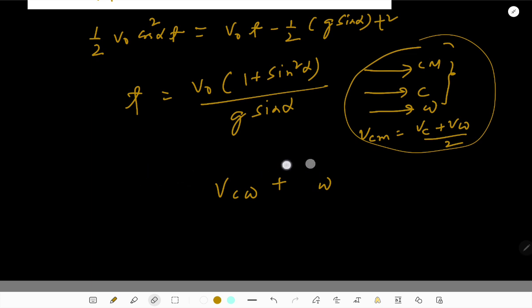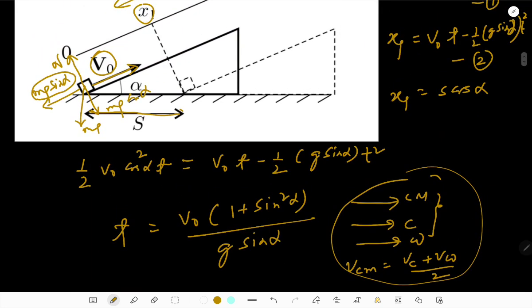I can get the x component of the velocity of the wedge at the moment, because I know the displacement, the time, the acceleration and the initial velocity. So I can write v equals u plus at. So the x component of the velocity at the moment of its return to the starting point on the wedge is vx, and the x-axis is the same.